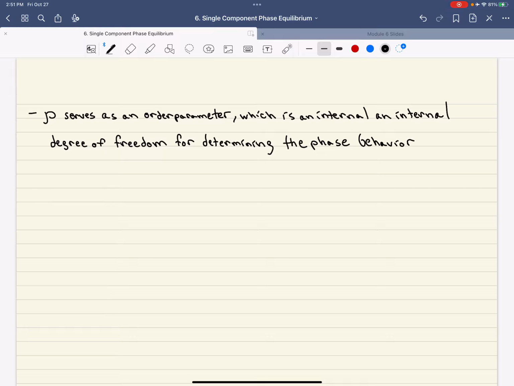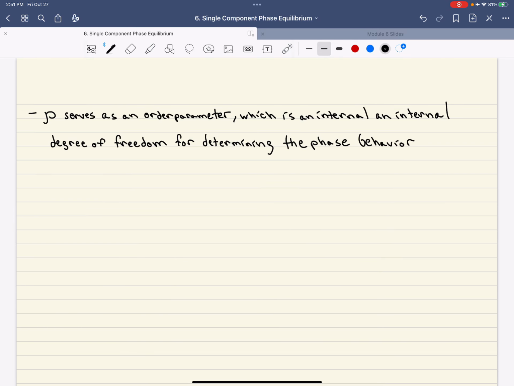Okay? All right, and so for other sorts of systems, you could use density, or you could use mole fractions or volume fractions. It just depends on what the more easily measured property is.